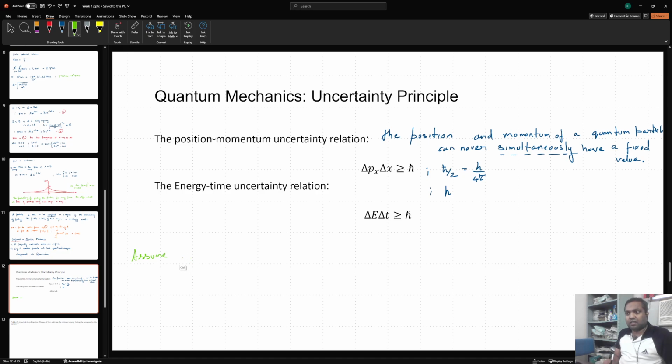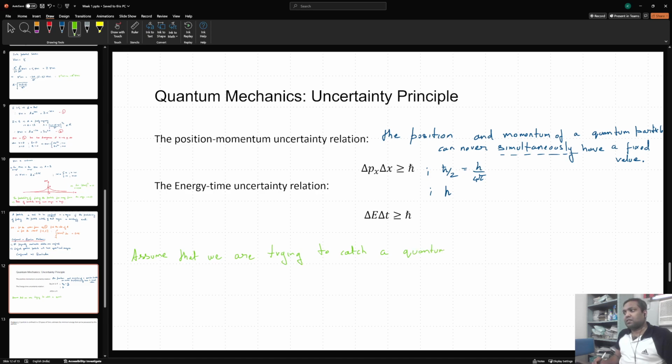Assume that we are trying to catch a quantum particle.